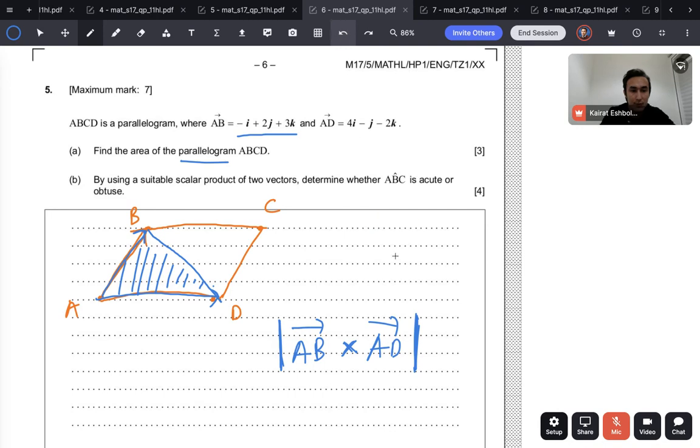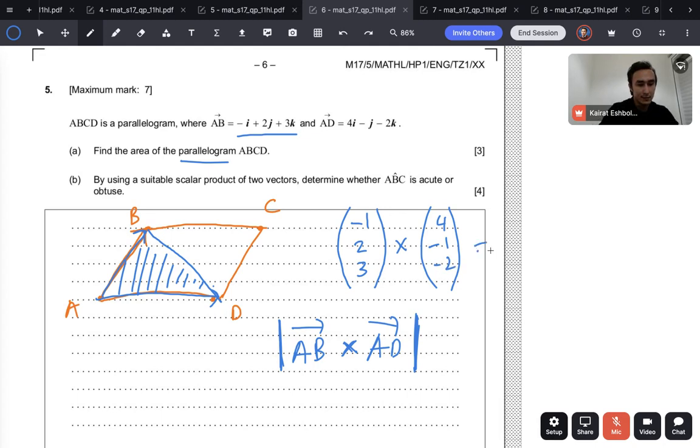Actually we can just put this AB in this way, like minus 1, 2, and 3. A lot of times you will see vectors written in this way, and then cross with the AD, which is 4, minus 1, and minus 2, right?